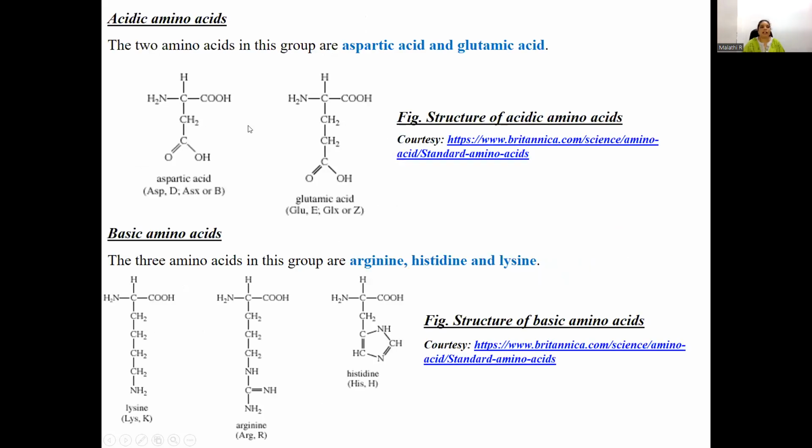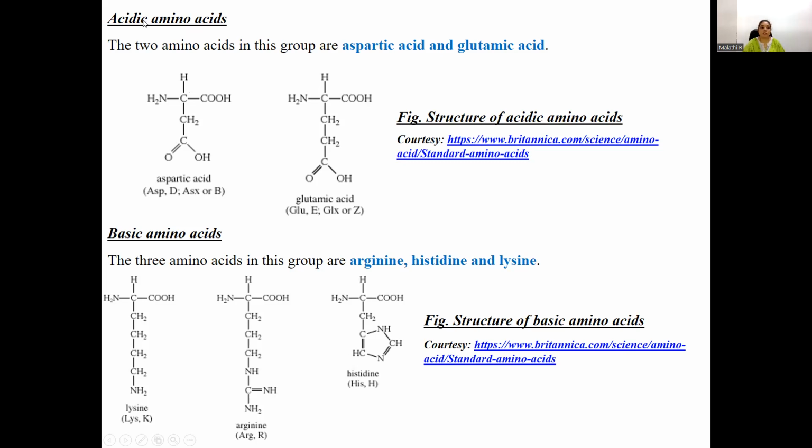We already saw non-polar and polar uncharged amino acids. The next two important classifications are acidic amino acids and basic amino acids. In the general structure we already saw an acid group and an amino group.